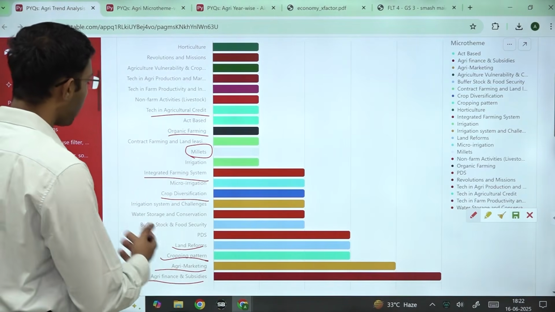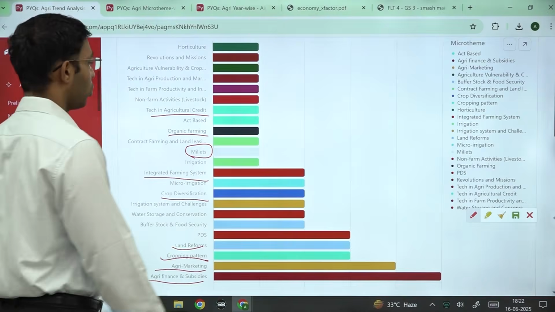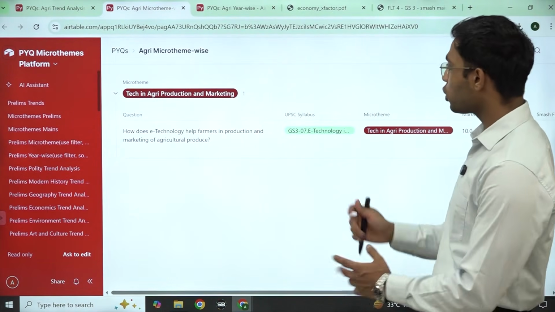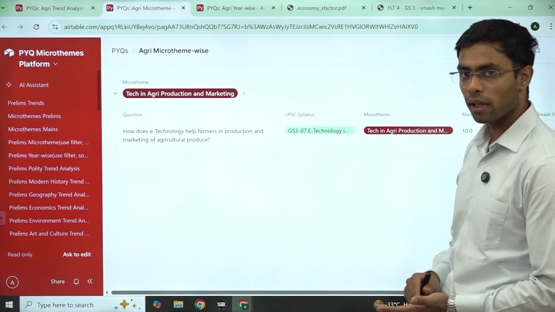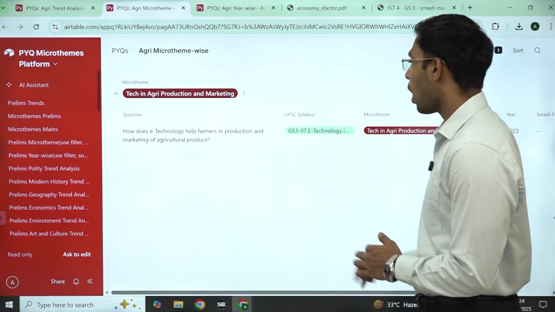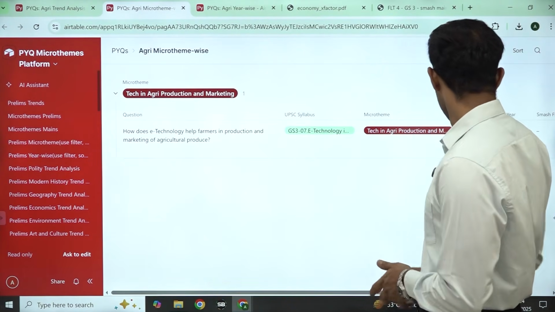So we can pick up a different micro theme to study. For example, how would I make notes on technology used in agriculture? Technology in agriculture, production and marketing, right? Look at the nature of the question. After we choose a micro theme to study, we know what micro themes are being asked. We will first look at the PYQ. How does e-technology help farmers in production and marketing of agriculture produce? Now, what is this question asking us?